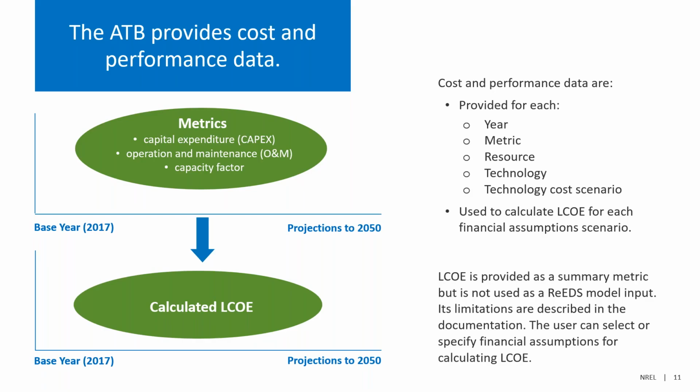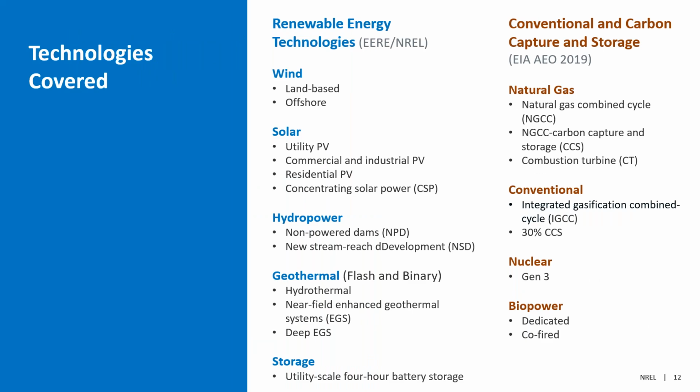So the ATB includes capital expenditure, operations and maintenance, and capacity factor data for the base year of 2017 with projections through 2050. And these are all used to calculate a levelized cost of energy for each financial assumption scenario. So we have 3 different technology scenarios and 2 financial scenarios.